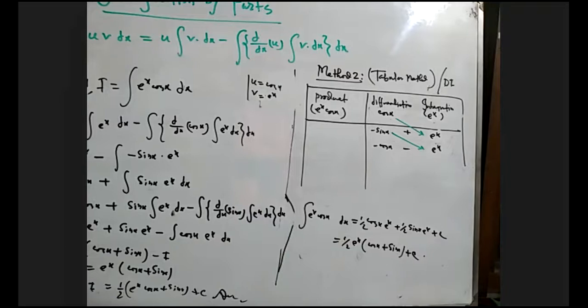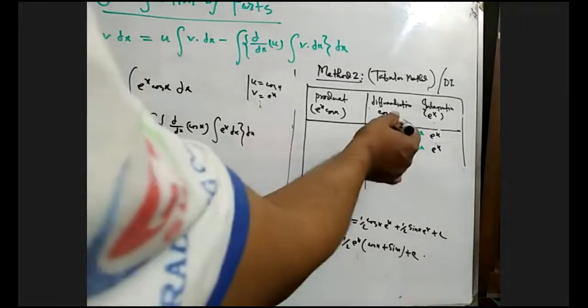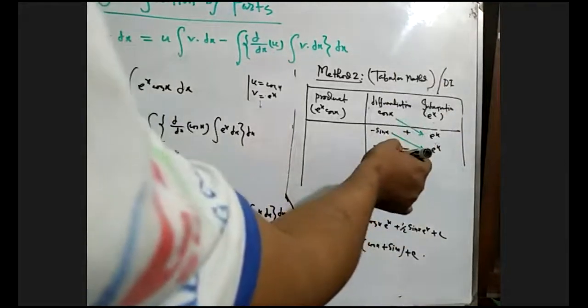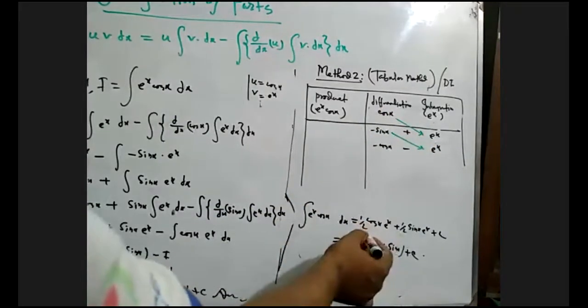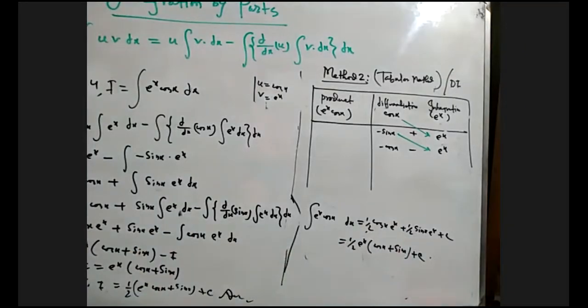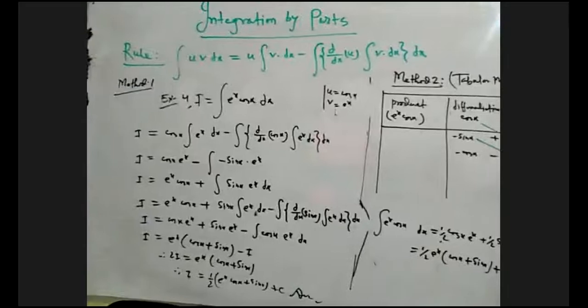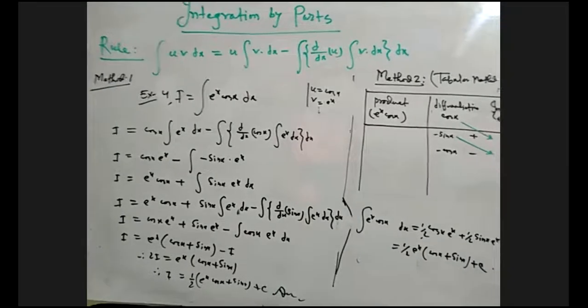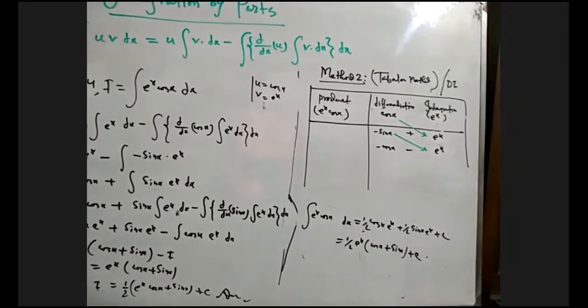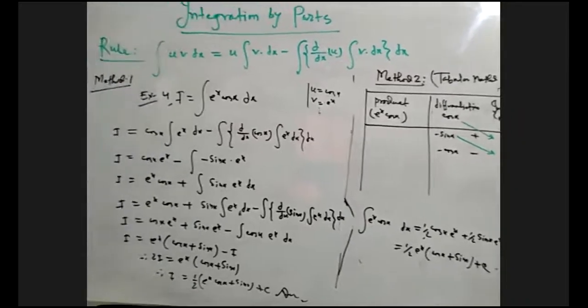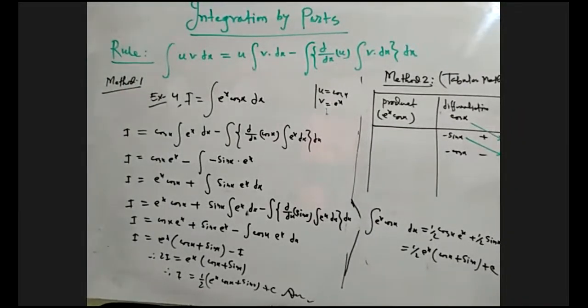By using the tabular method, we also get the same one because cos x is repeating. This is why you have to use a half here. So using the product rule we get this result, and using the tabular method, the DI method or differentiation integration method, we get the same result.